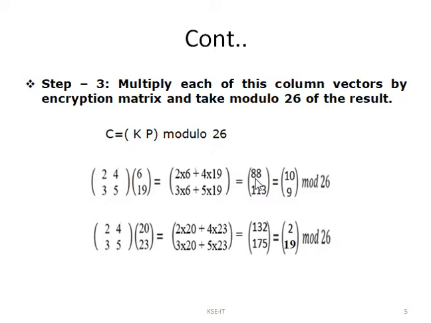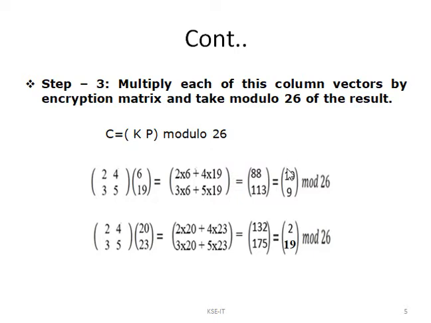88 modulo 26 gives you the remainder 10. Modulo division gives you the remainder. If you divide 88 by 26, 26 3s are 78 and you get the remainder 10.